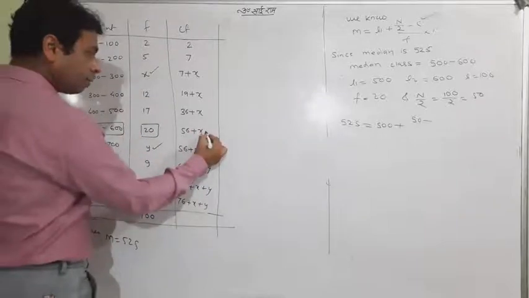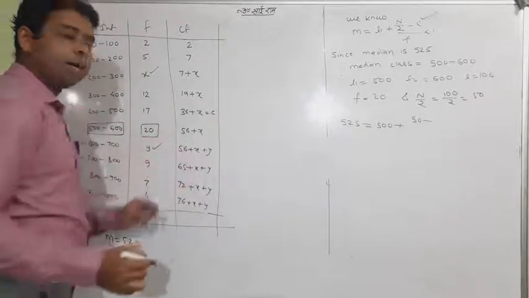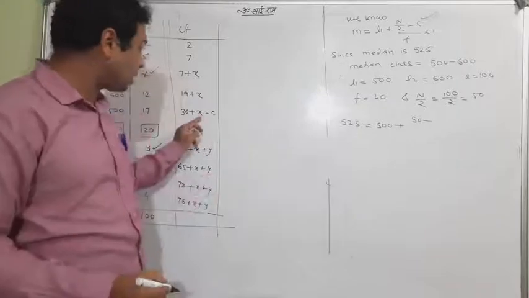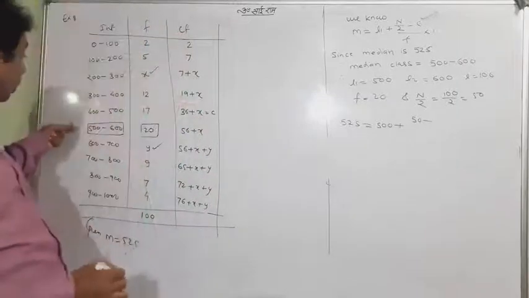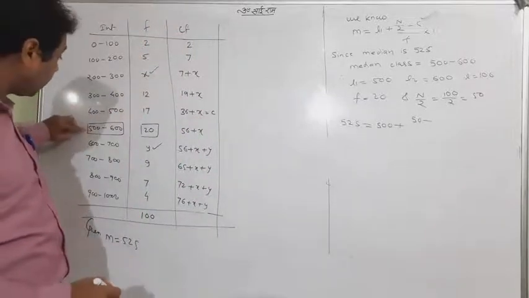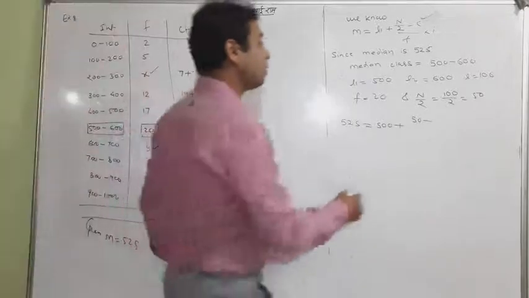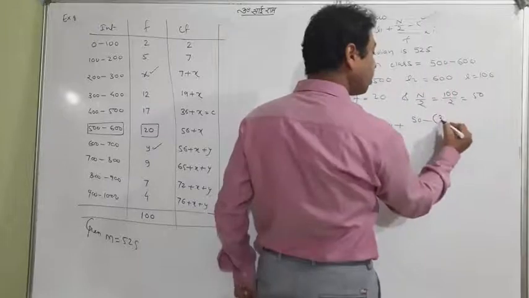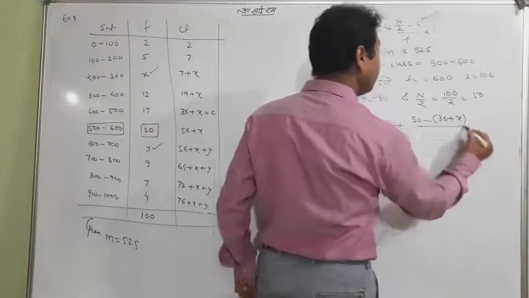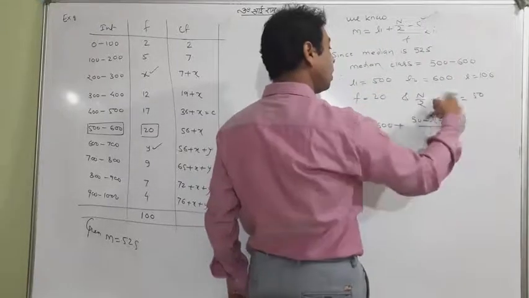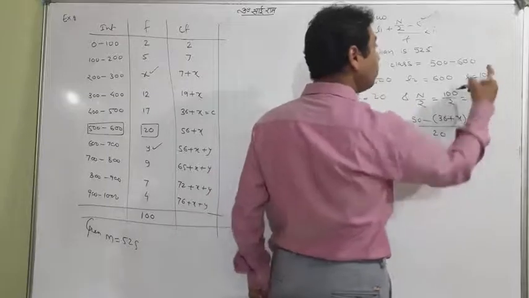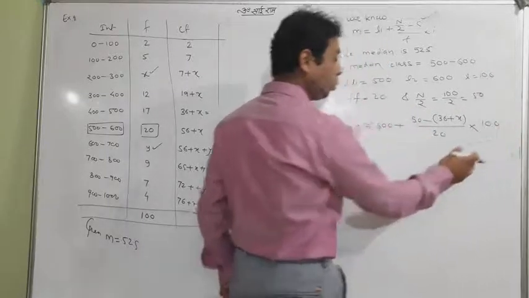This is the C because C is the cumulative frequency preceding the median class. It is the median class, the class preceding it gives C. So I will write 36 plus x here, upon f. f is your 20, into h, which was 100. So this is going to be the equation.